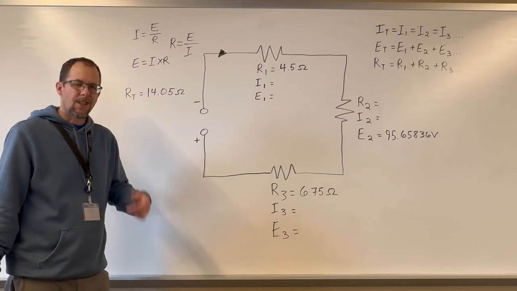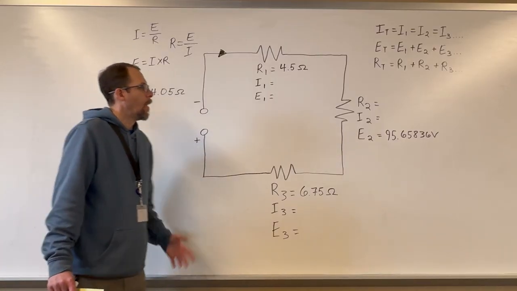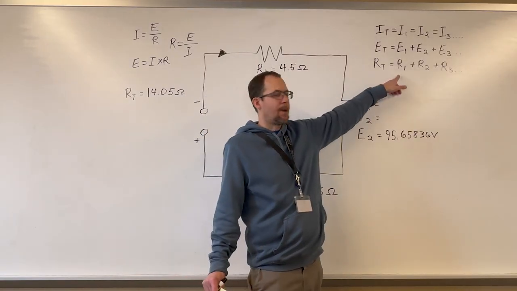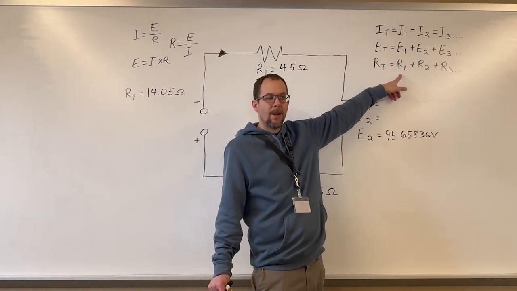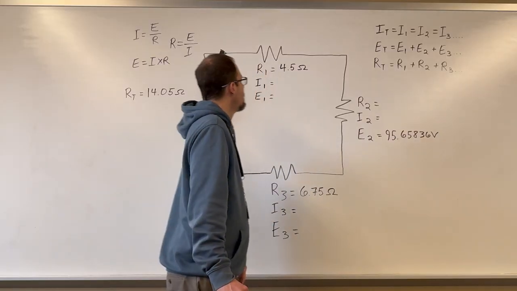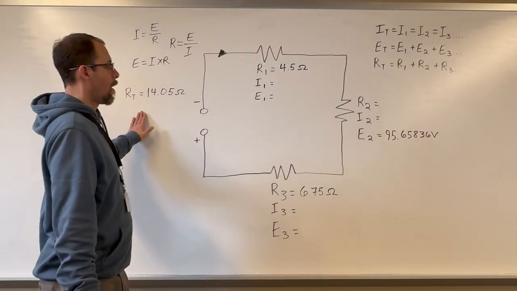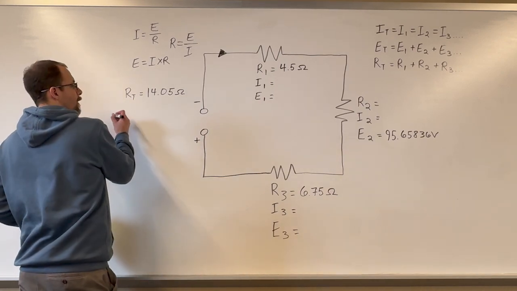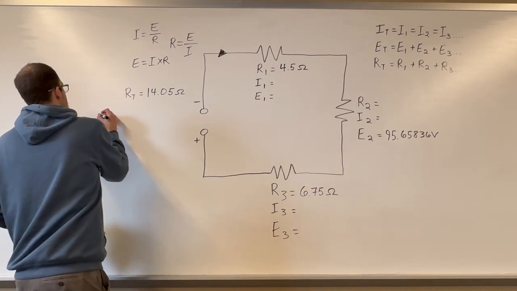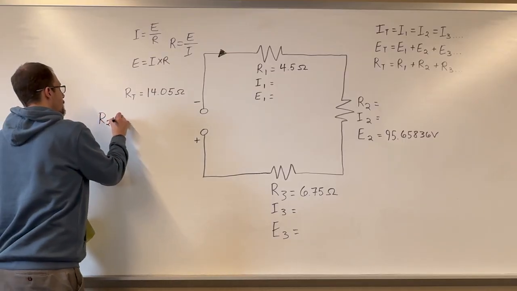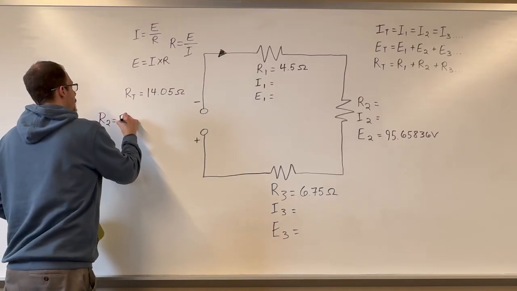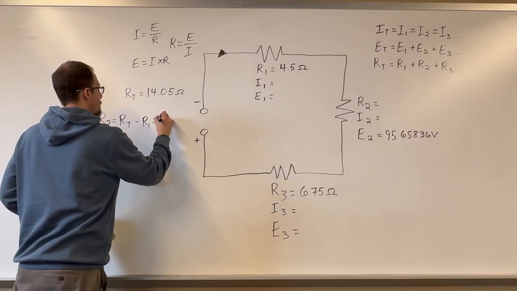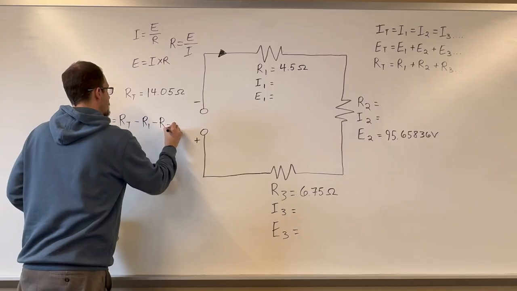Where do you think we can start with this one? Well, I think we know most of this formula, but now we need to transpose. We don't know R2, but let's find out what R2 is. If we're transposing, R2 equals R total minus R1 minus R3.